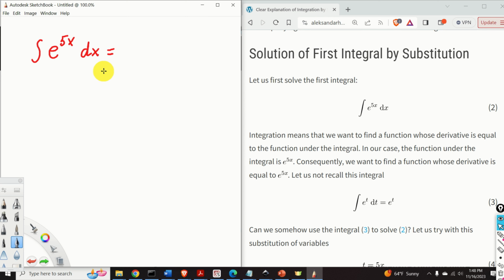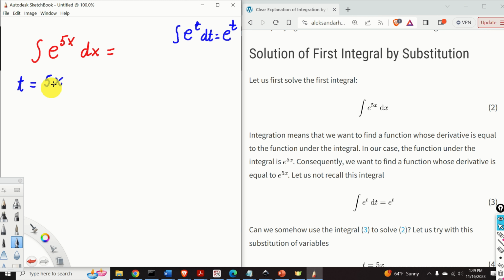The answer is yes. The idea is to introduce a new variable t and to make the following substitution. t is equal to 5x. With the following idea. We know that, again, the integral of e to the power t dt is actually equal to e to the power t.